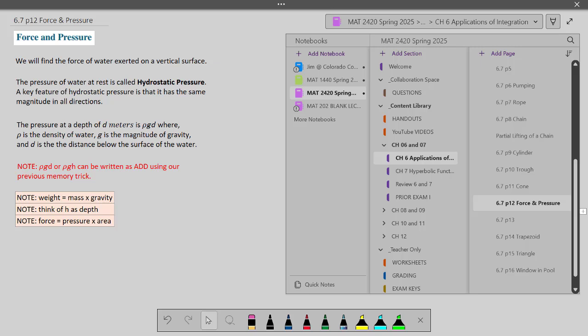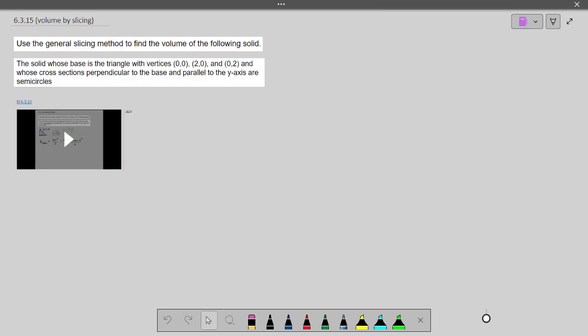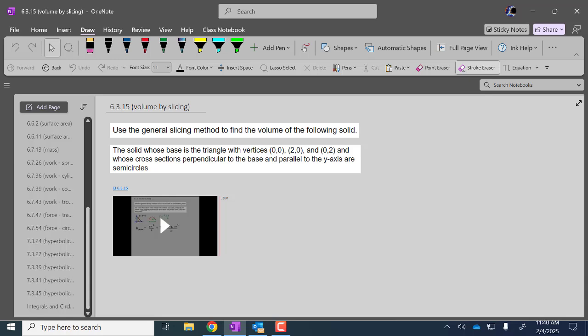I don't have a sub yet for next Tuesday, but on our review day, normally what I do is go through as many of these review questions as possible. They're all labeled, they're all stuff that we've done, all stuff that will be relevant to the test.